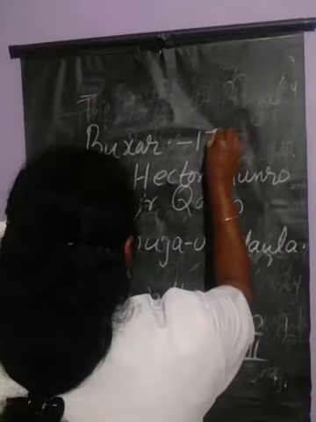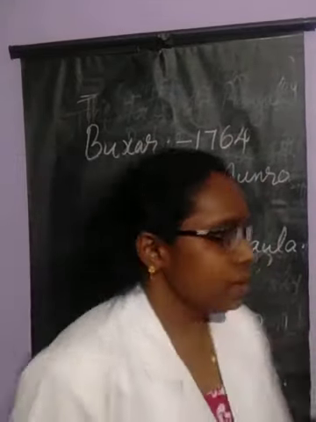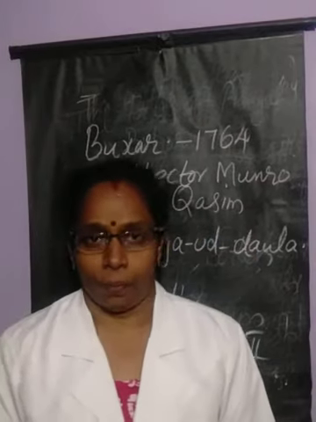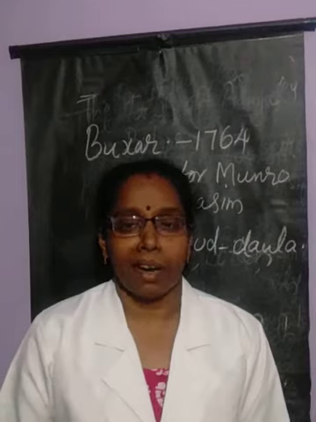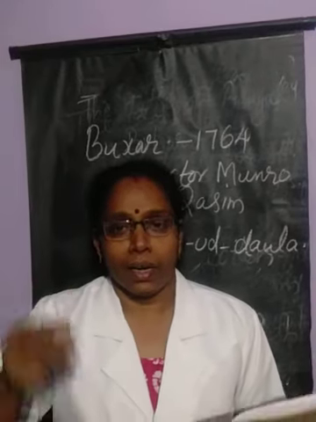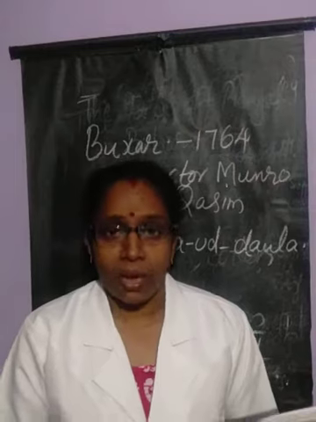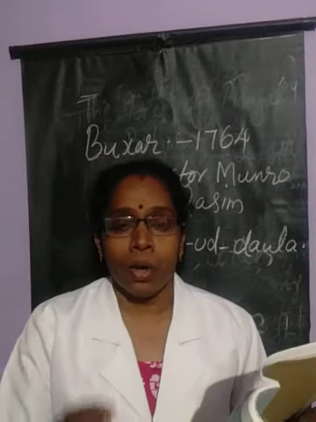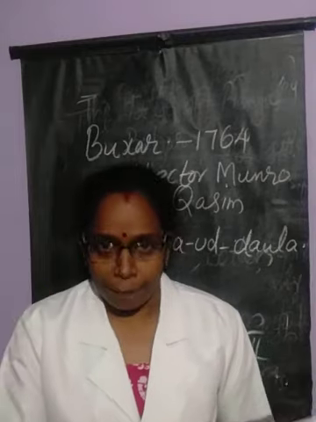In which year did this battle happen? 1764. So Mir Qasim, Shuja'ud-Dawla, Nawab of Awadh, supported Mughal Emperor Shah Alam II, and these three people fought with the East India Company's army.